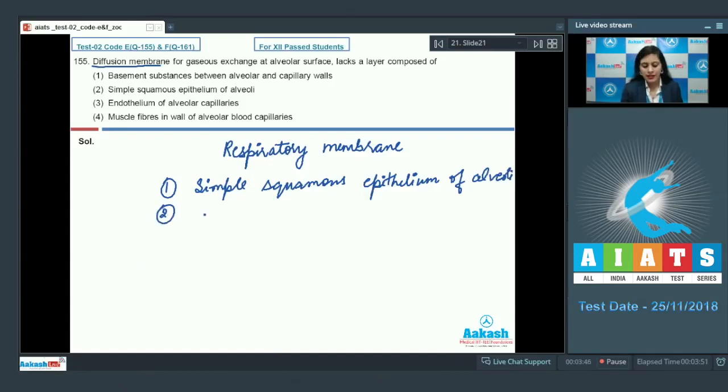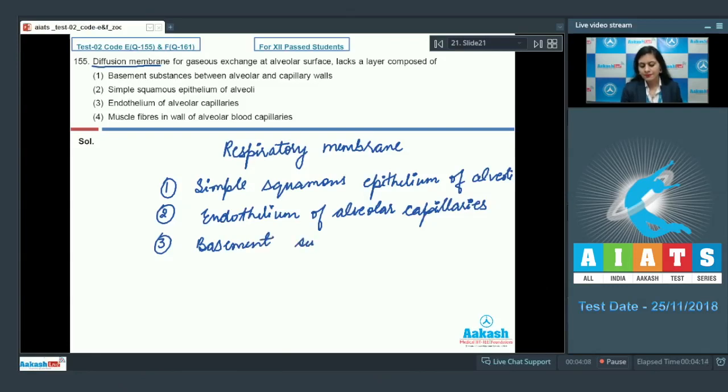Second layer would be endothelium or simple squamous epithelium of alveolar capillaries. And in between these two epithelia, there is basement substance. And these 3 layers form the respiratory membrane.